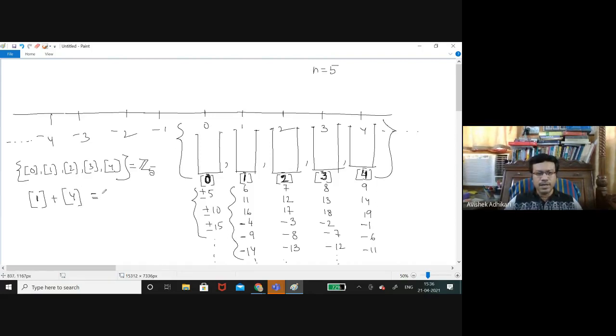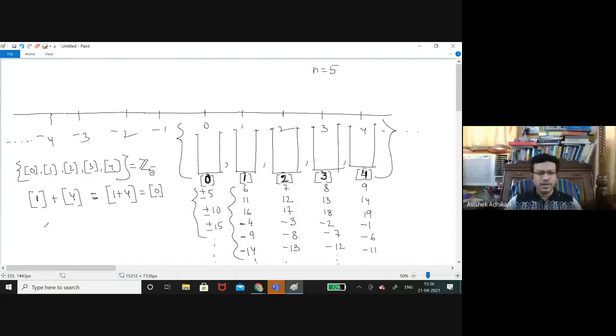What I'll get is 1 plus 4, and that becomes 5, and 5 is within this box, that means within the 0 leader. Or take any element. Somebody, can you tell me any element from this group other than 2? Any party member's name from this group, any number?